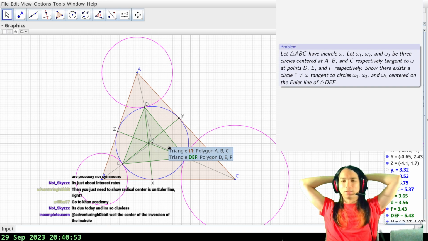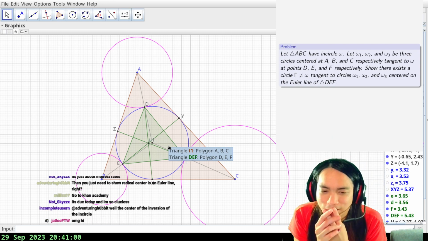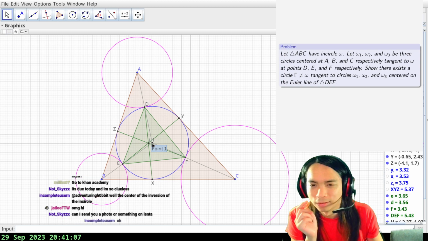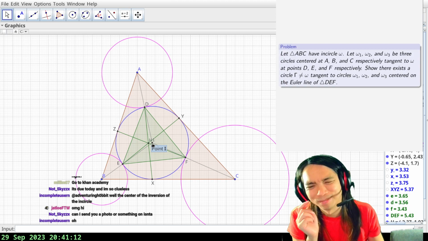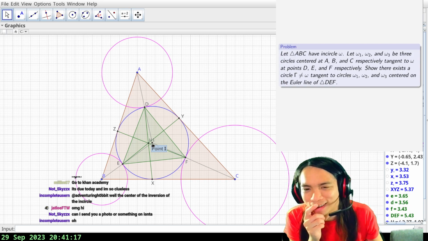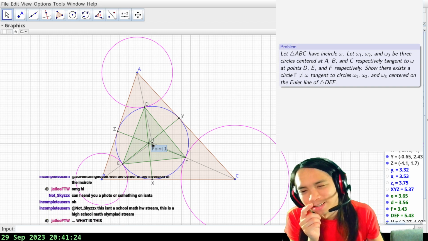The radical center will be like the line through... Hang on a moment. If it's I, I'm going to be really annoyed.